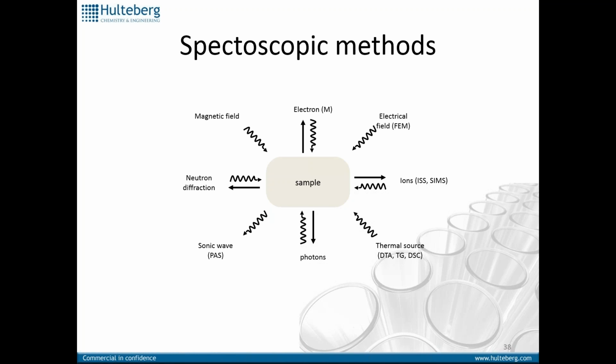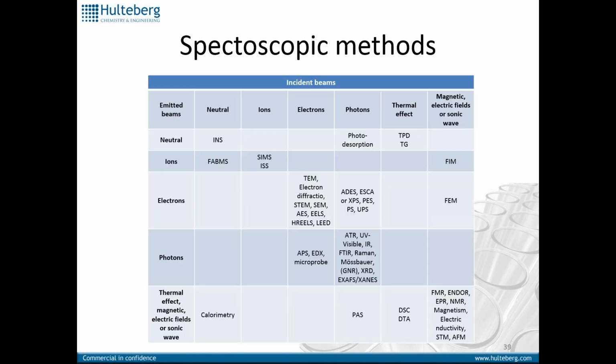It can be shooting X-rays on a sample and having electrons or photons coming back. It can be shooting electrons and seeing what happens with the electrons. This is a huge area, and there is no claim to being complete. It's just an overview.